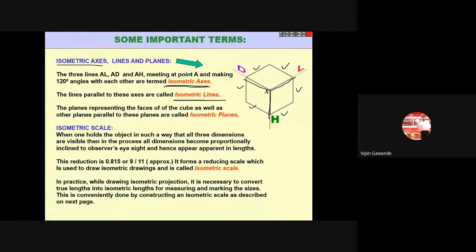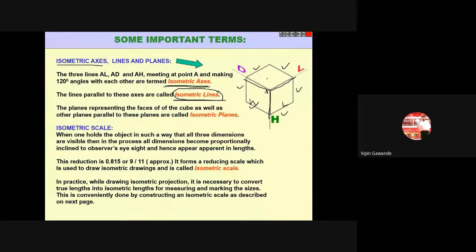Vertical lines are parallel to height, this line is parallel to length, and this line is parallel to width. So the lines drawn parallel to these three isometric axes are called isometric lines. Remember, axes are different, and the lines drawn parallel to the axes are called isometric lines.